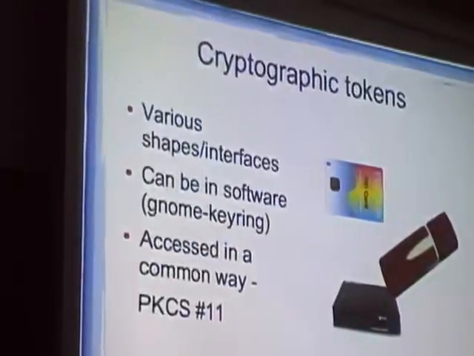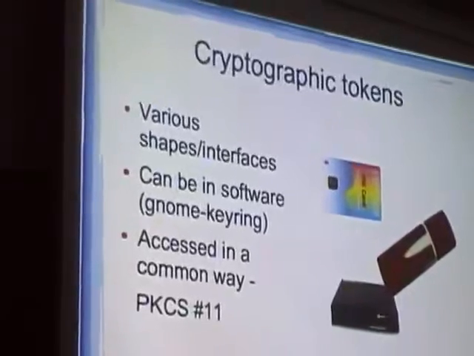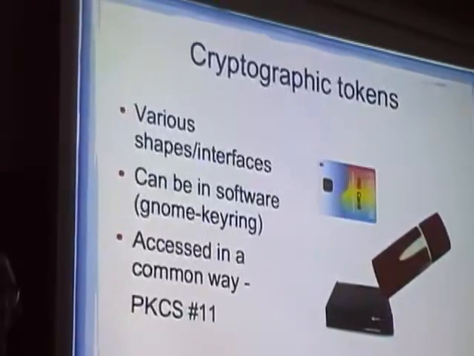So, as you may know or not, cryptographic tokens are various hardware things that we use not only to store keys, but actually to perform operations on keys without actually accessing the keys.